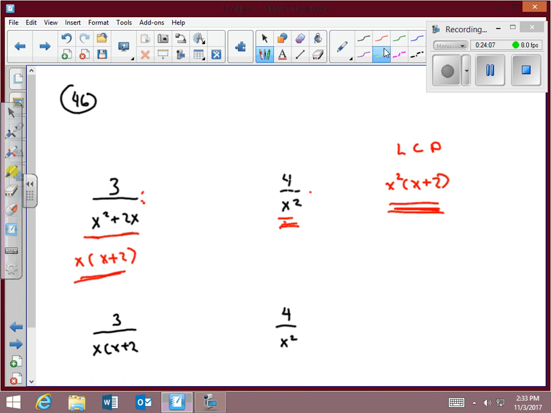Now then, does my first denominator lack anything when I look at the least common denominator? This has an x to the first power times x plus 2. This one has an x squared times x plus 2. Does this one lack something to make it least common?